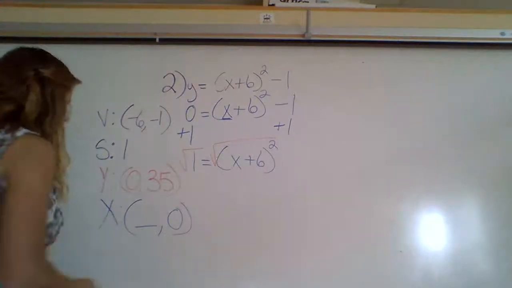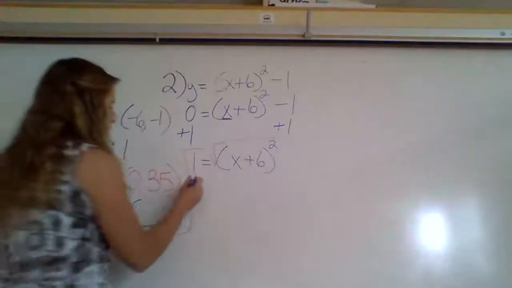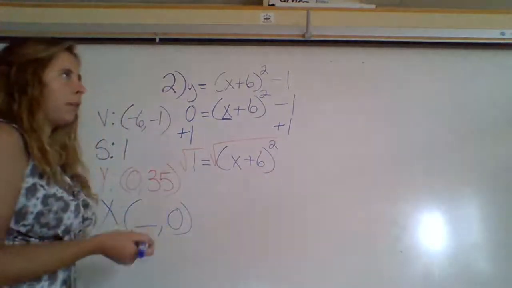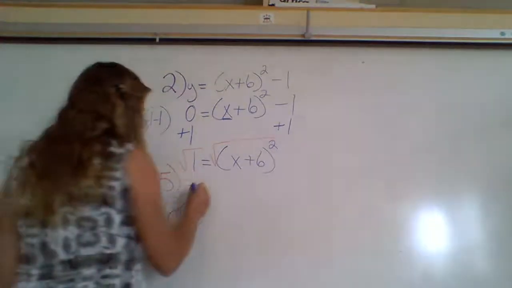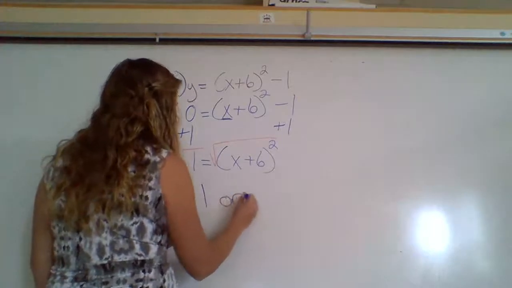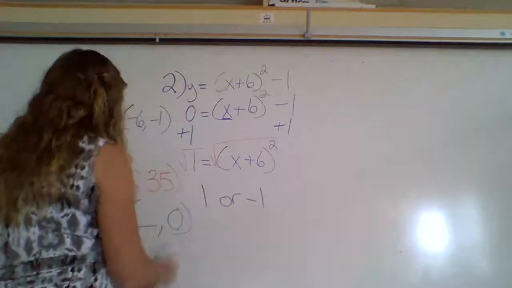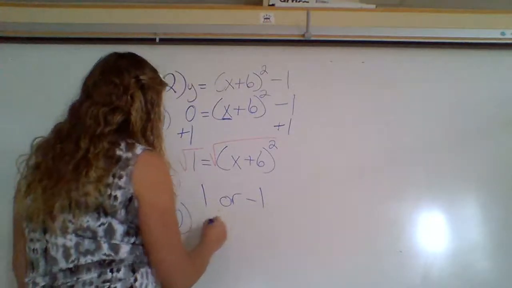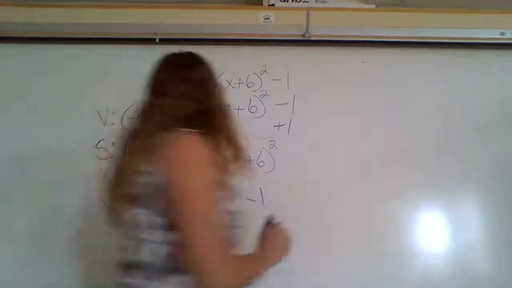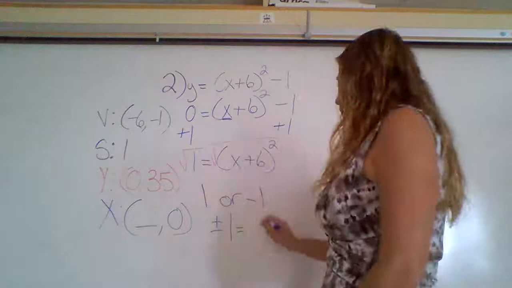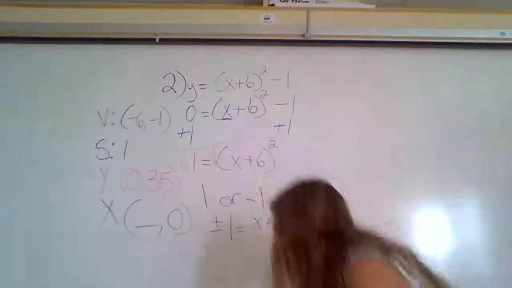So the square root of 1. What number times itself is 1? This is where you have to remember it's either 1 or negative 1. So positive or negative 1 is equal to the square root of (x plus 6) squared, which is just x plus 6.